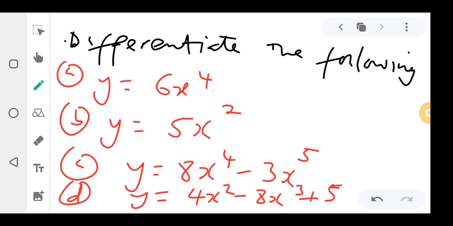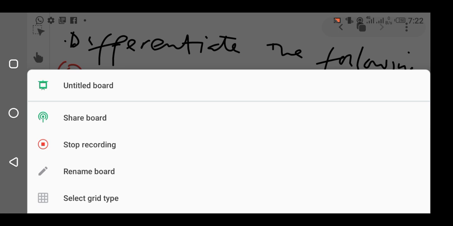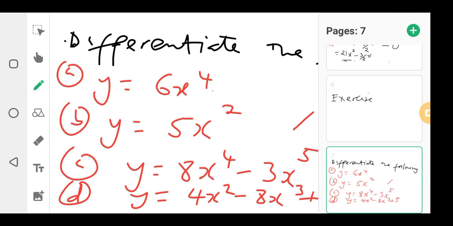Okay, so we are going on to the next page. A, B, C, D, and going on to E.